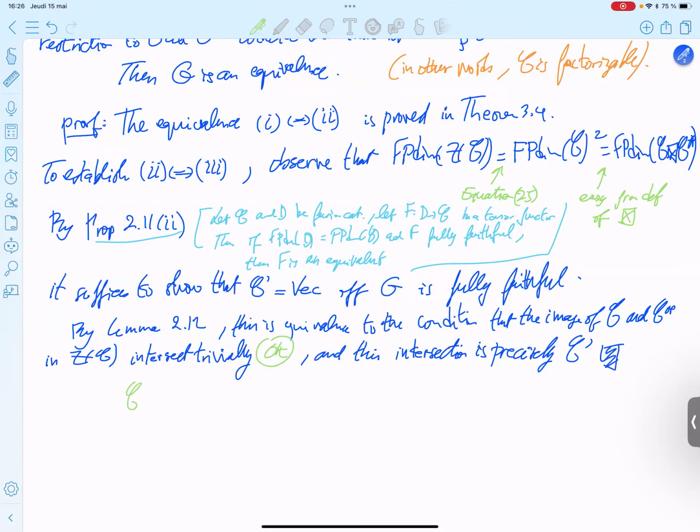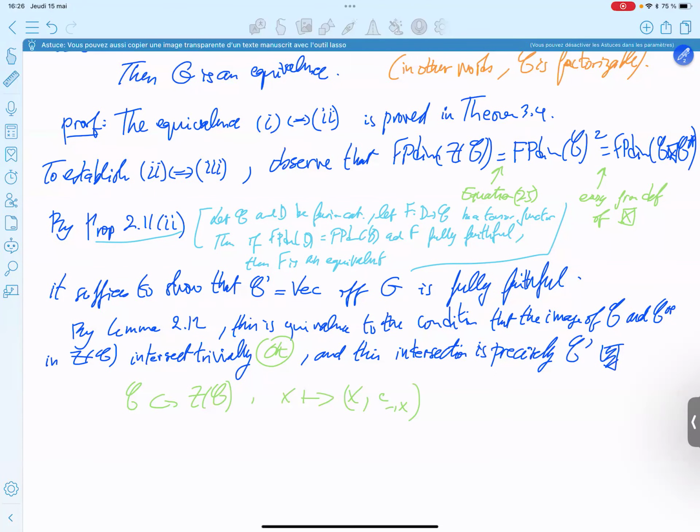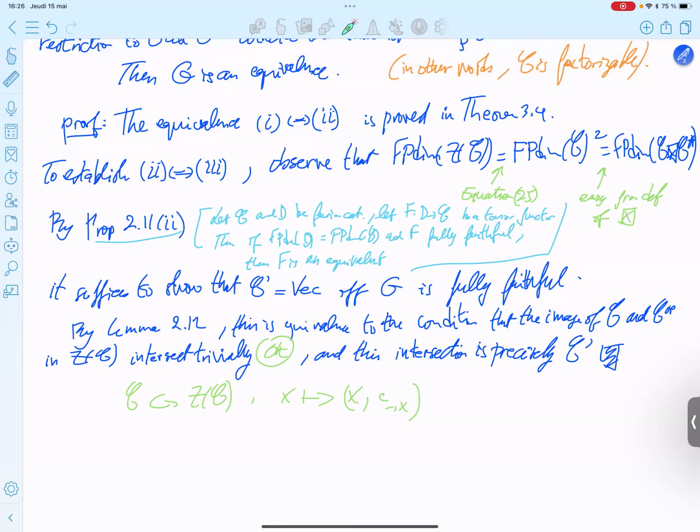So C embeds into the Drinfeld center as follows. An object maps to this couple. So remember the notion of Drinfeld center is defined by couples of elements where, if the category is braided, then every object appears here.